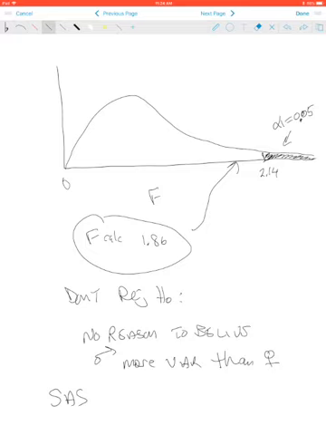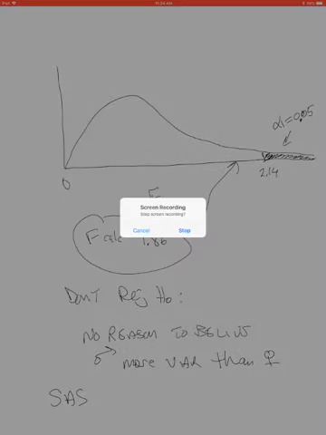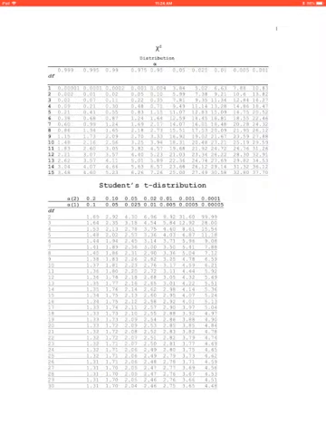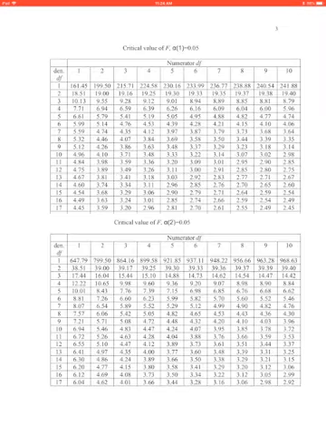Okay, so let's have a look at the F tables. Here are statistical tables, and I'll come back to the T tables in a moment.